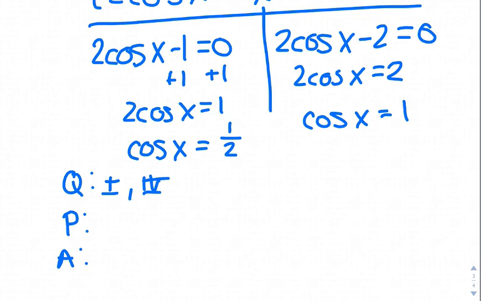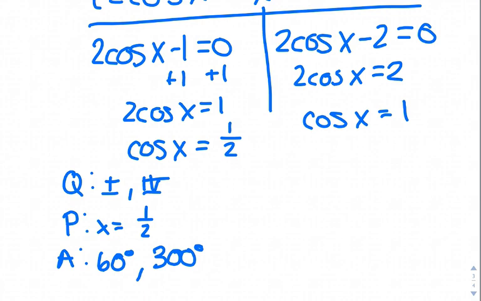On your unit circle, cosine is your x value, so we're looking where x is equal to 1/2. In quadrant 1 that would be at 60 degrees, and in quadrant 4 that would be 300 degrees. So that's how I figure out my two angles when cosine x equals 1/2.